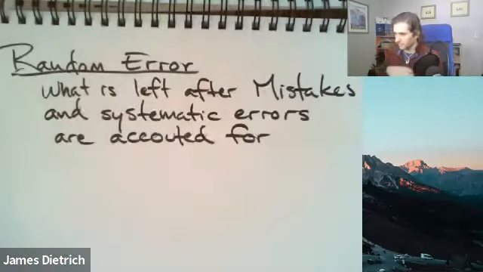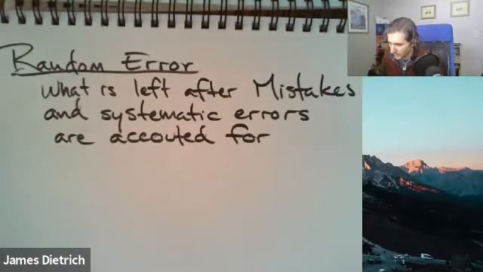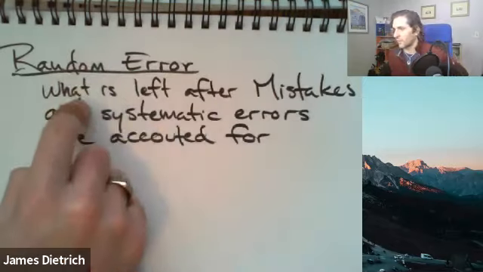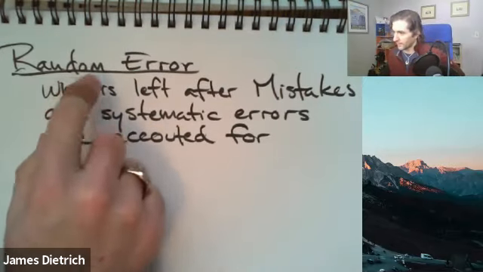Literally, you can think about this. Random error is things that are beyond your control, things that you don't know about, things that you can't control. There will always be a certain amount of random error in any data set.